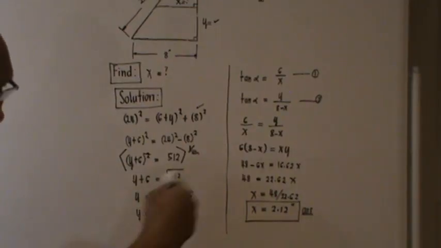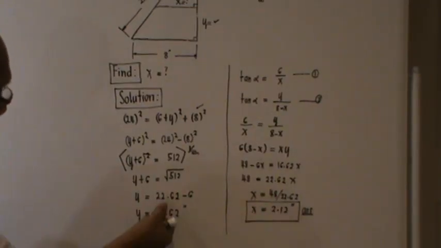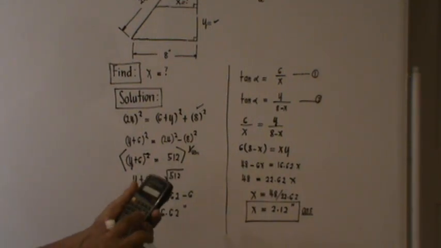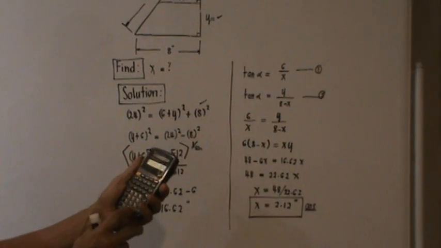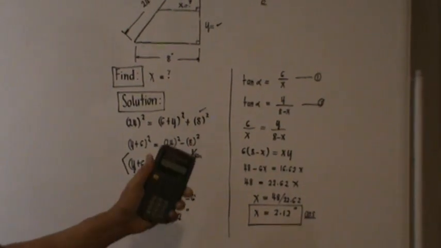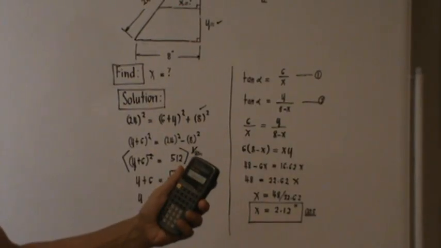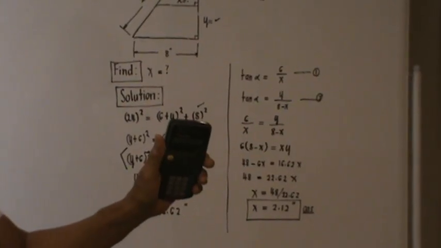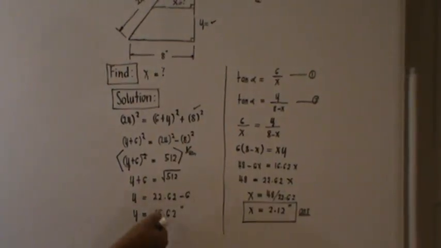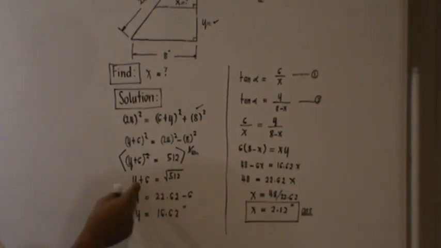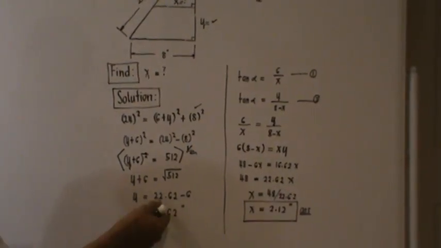What comes out is 22.62. If we try to use our calculator, this is a scientific calculator, we just display 512, then we'll try to take the square root of that one, that will be 22.62. So y plus 6 is 22.62.